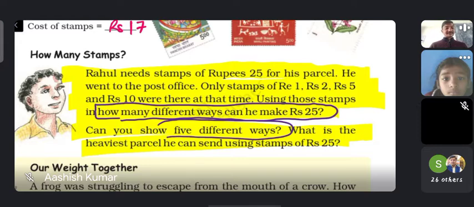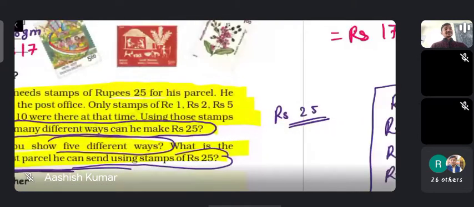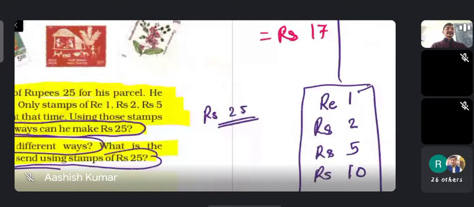This is the difference. The next one is rupees 10. These are the available postal stamps.